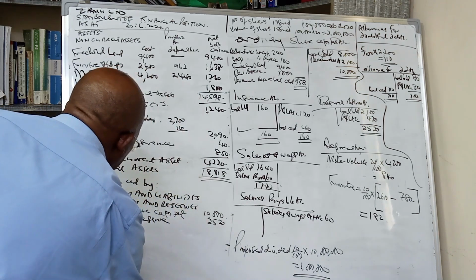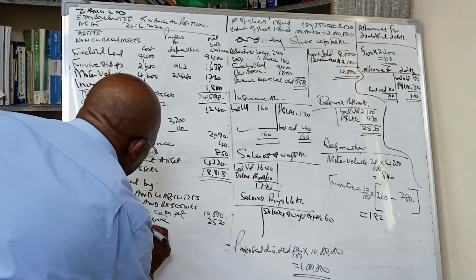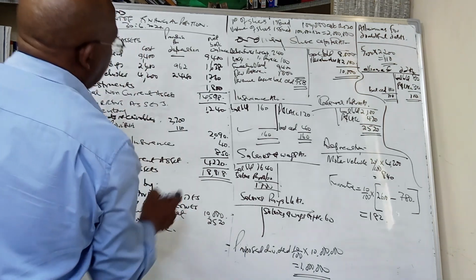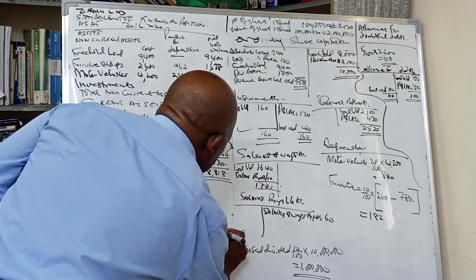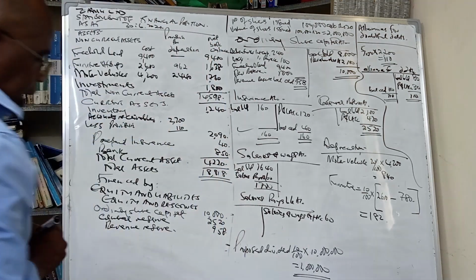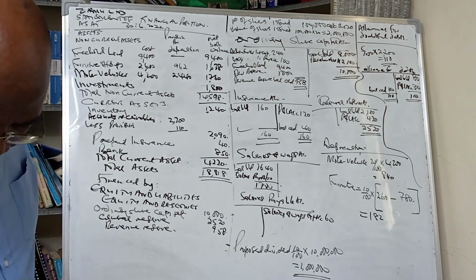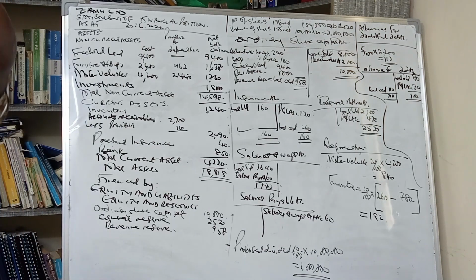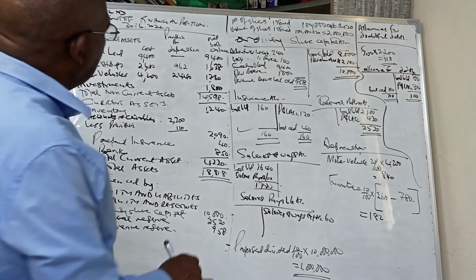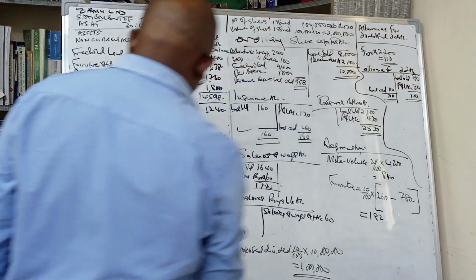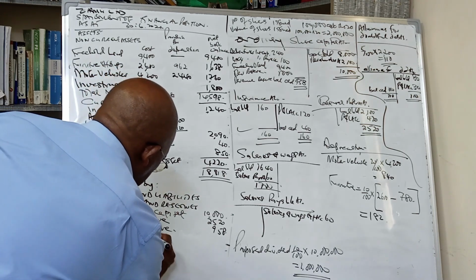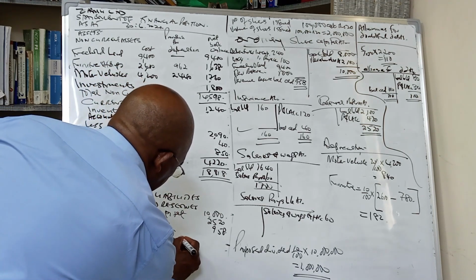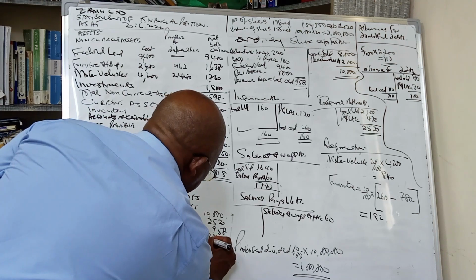And then we say revenue reserve, which is 958. Then we also had a revaluation reserve of 1,000.